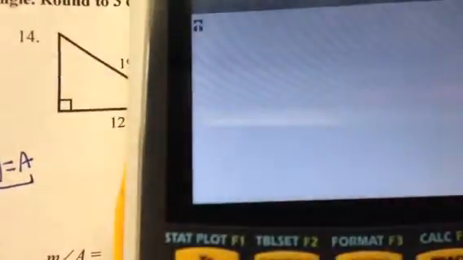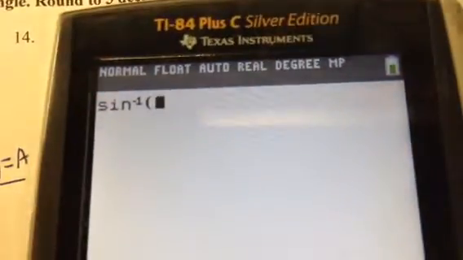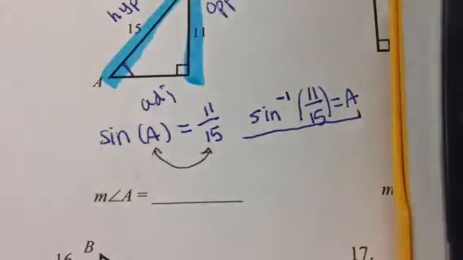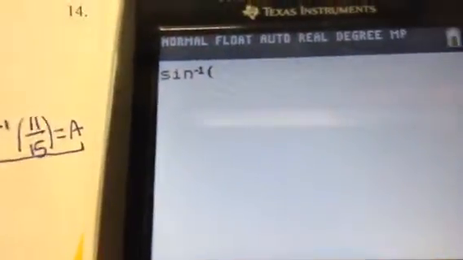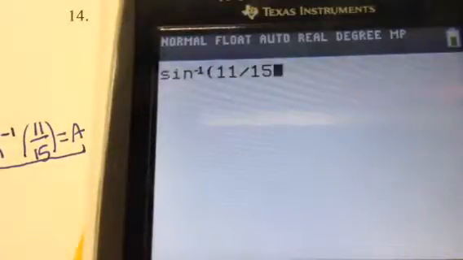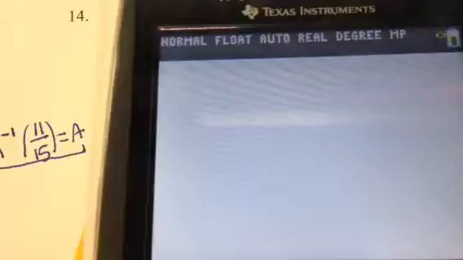So I'm going to hit second sine, and you should see that little sine to the -1 power. And then we said we're doing the inverse sine of 11/15. I checked, my calculator is in degrees, I can see that up here. So 11 divided by 15. You can close the parentheses, I don't think you even need to.